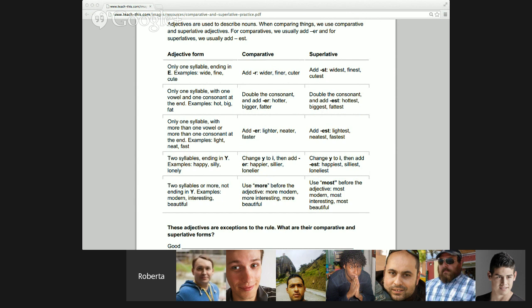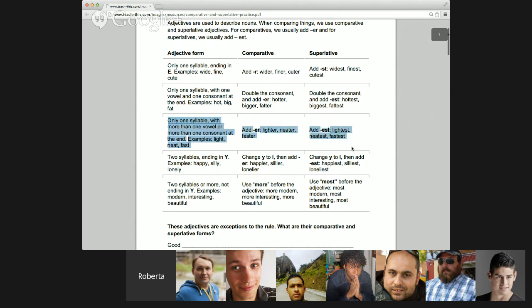So if we are comparing the weather between those three places, we would say, and I'm going to type it out, the weather in Russia is the coldest of the three places because we are comparing more than two things, okay? If we are comparing only two things, you can use colder, okay? Let's look at the next section. And I want to hear from Daniel.